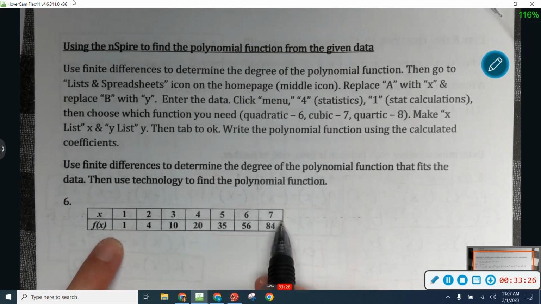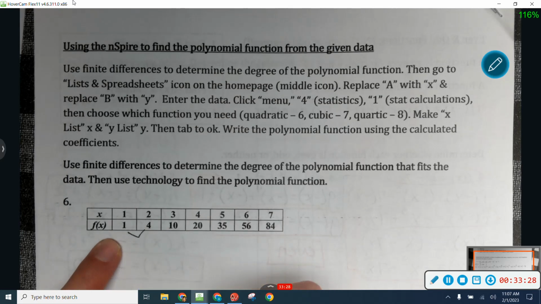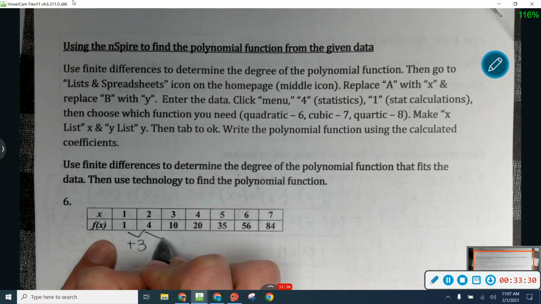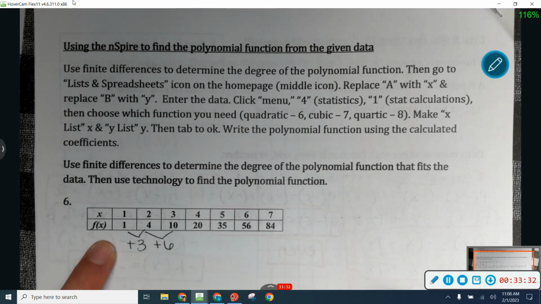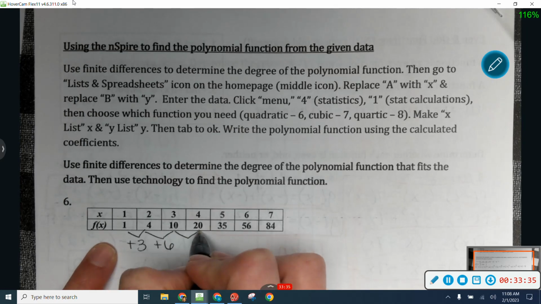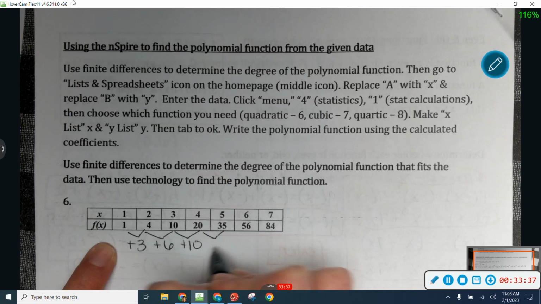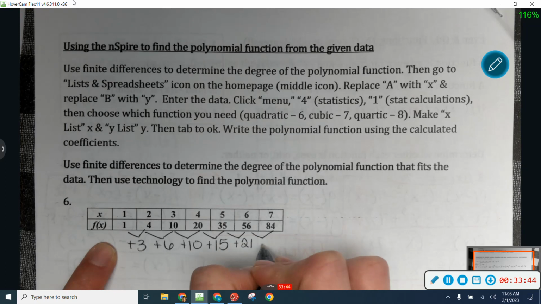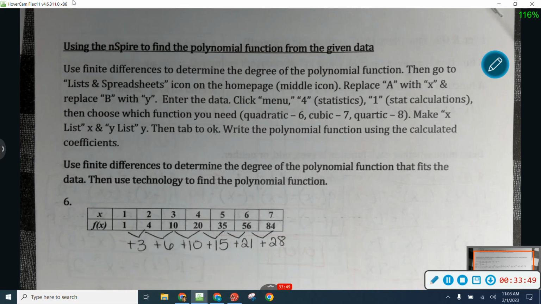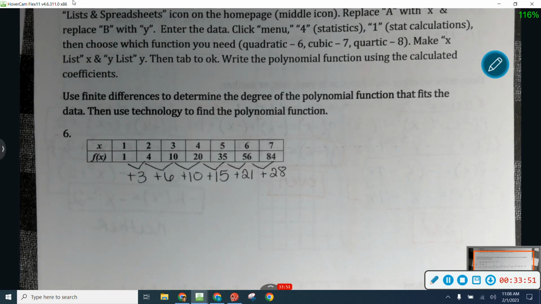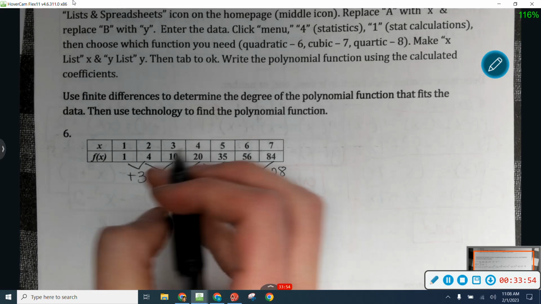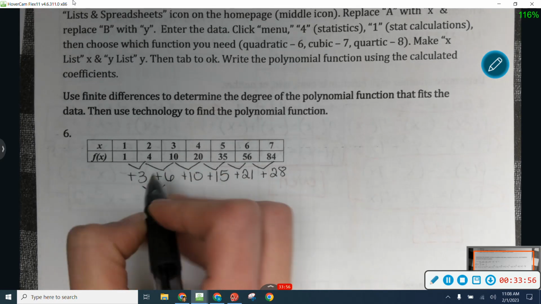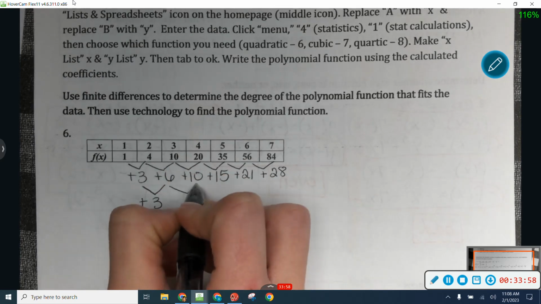I know my x values are good. So from 1 to 4, 4 to 10. So we know it's not linear. Okay? 10 to 20, 20 to 35, 35 to 56, 56 to 84. Okay, so we do another round. 3 to 6, 6 to 10.